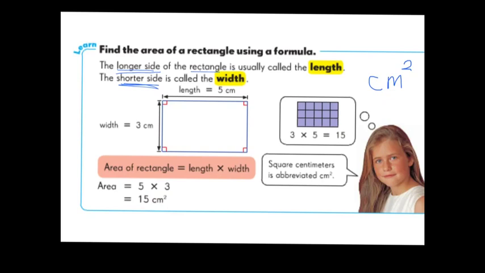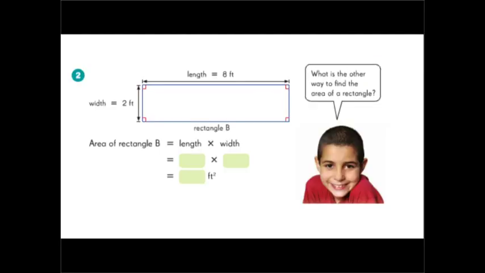The two ways that we can talk about how to find the area of a rectangle is we can either imagine the squares inside and count all of those squares to get us the square centimeters, or we can multiply like an array, the width times the length, to get the centimeters squared by multiplying.